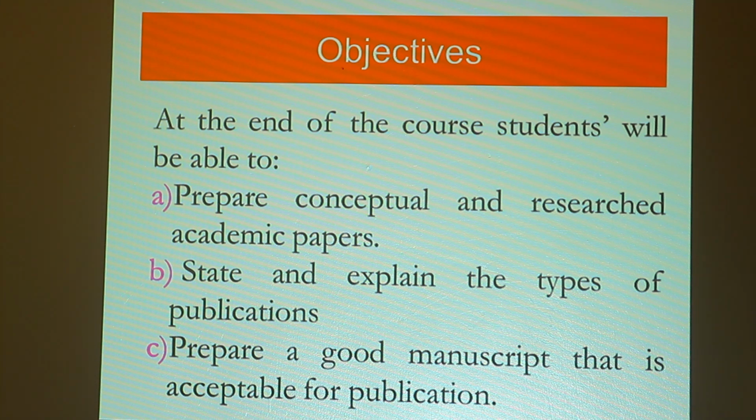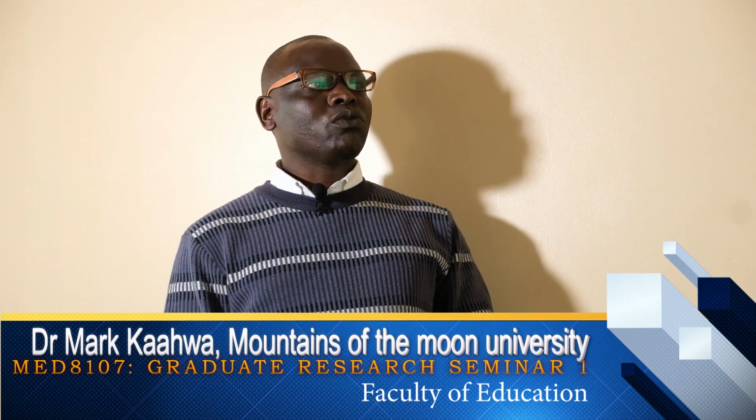Quite often many manuscripts are rejected. Maybe it can be accepted with major corrections, or it can be accepted with minor corrections. But for us here, what we are saying is that after taking you through this course unit, you must be able to prepare a good manuscript that is accepted the first round.